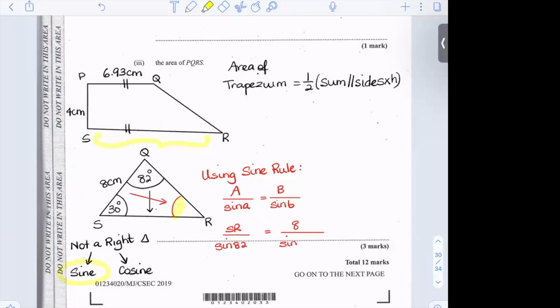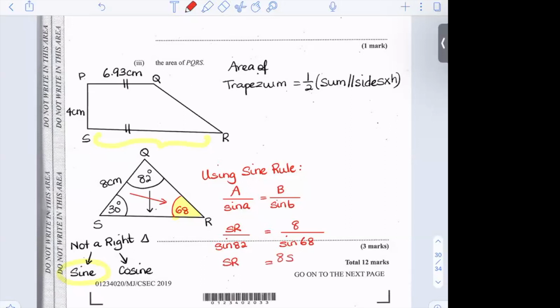Somebody find this angle if the sum of angles in a triangle is 180. Plus 68, over sine 68. So we can cross multiply.